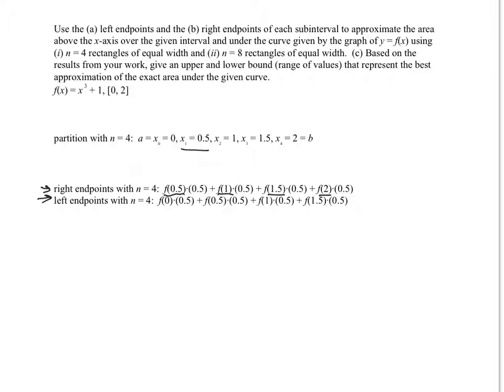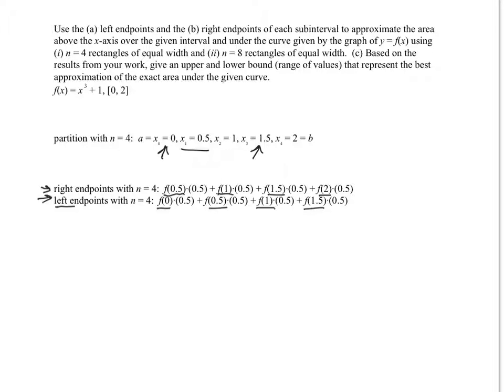And in our first example we looked at, we actually used the left endpoint. So we start here, which then means our fourth rectangle would be dealing with an input of 1.5. So x sub 0, x sub 1, x sub 2, and x sub 3 would be our x values used to get the heights of our rectangles.